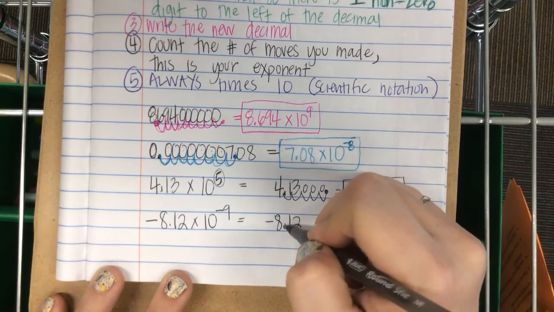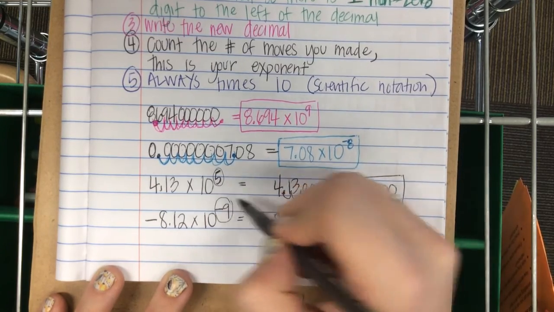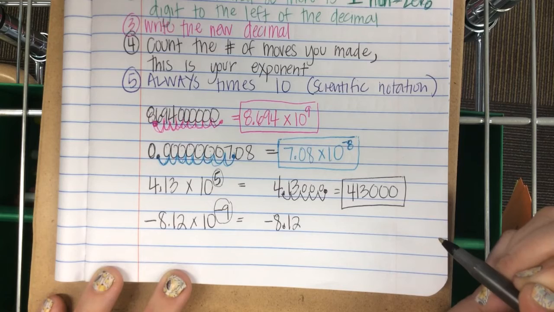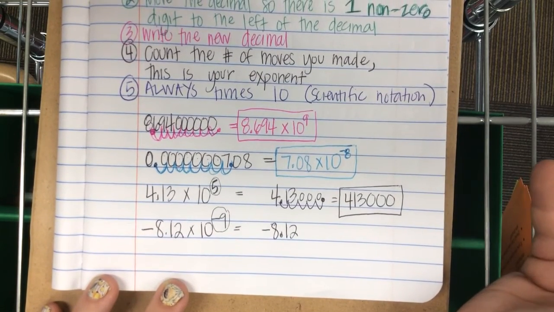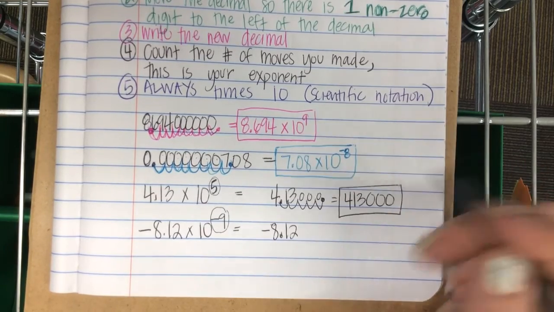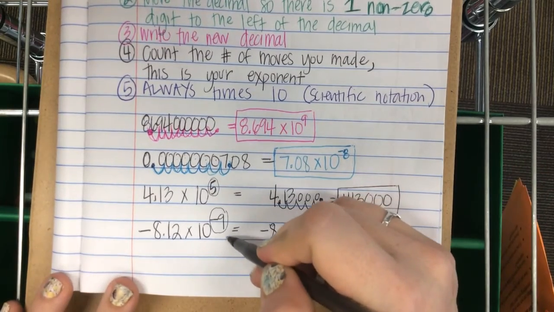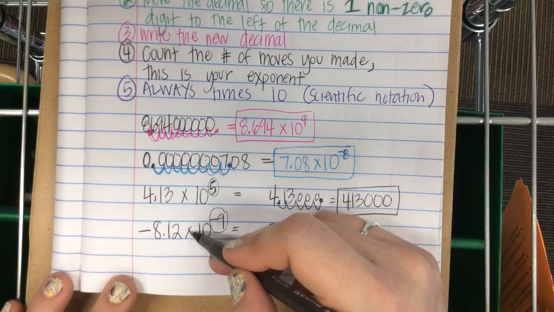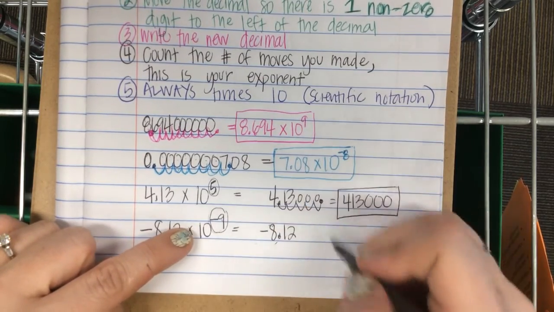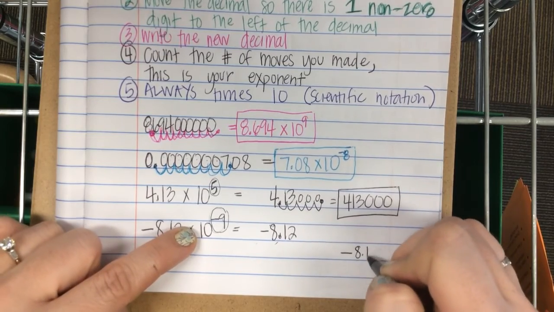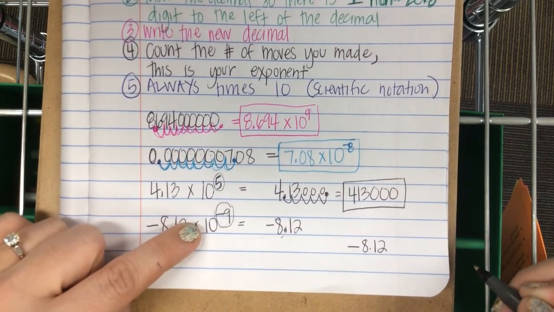Here's my decimal. And this negative 9 tells me I move my decimal 9 times. But it's negative, so it's going to be a tiny number, so I have to move it the opposite way. And here's why it drives me nuts. Because I have to move it 9 times, I'm going to run into this. So when you see a negative exponent, write your decimal to the right.